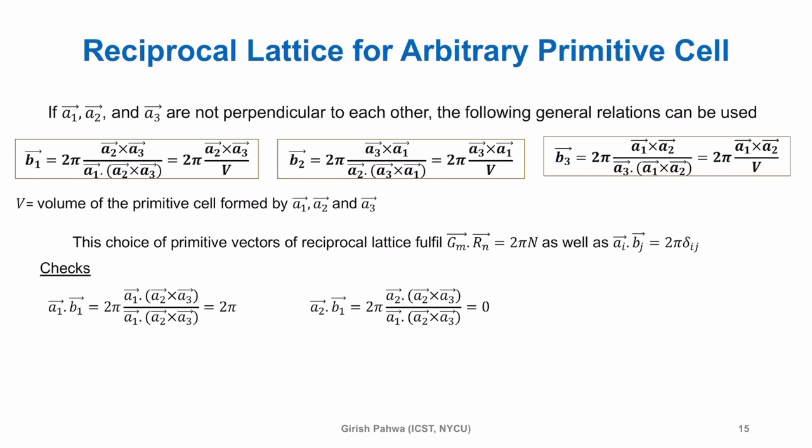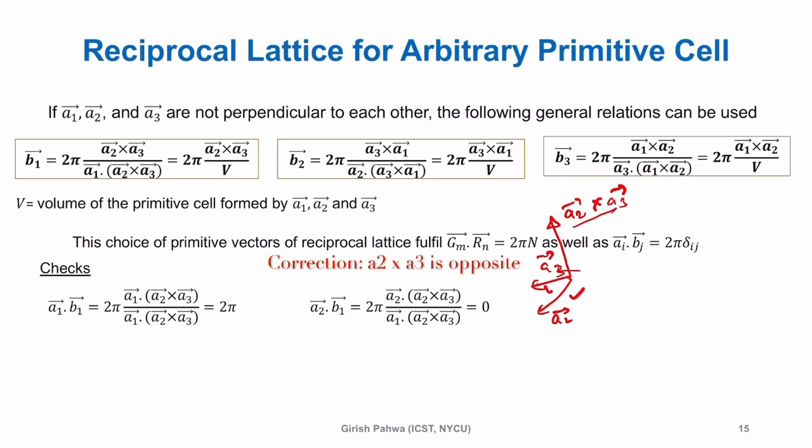So if I have, say, this is A3, this is A2, the cross product is going to be like this. So this is A2 cross A3. The cross product vector will always be perpendicular to both A3 and A2. Got it? Now, if it is perpendicular to A2 as well as A3, what will be the dot product of A2 and this vector? There is a 90-degree angle here, so 0.